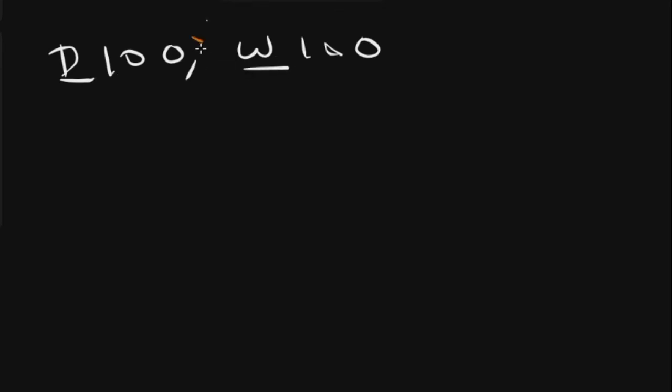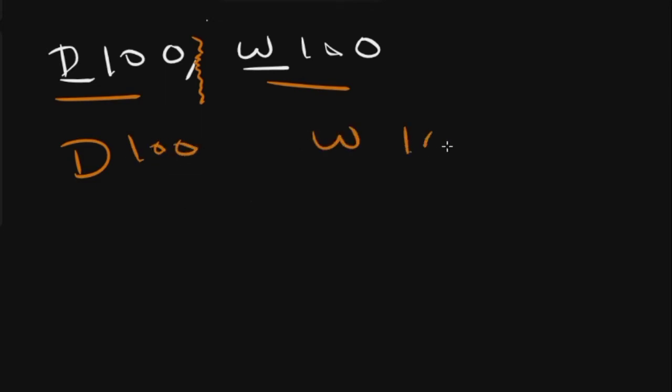Let's assume we have got some input such as D100 and comma W100. So we can do both things, deposit as well as withdraw. First of all, we have to break the input at the comma so that we get two separate parts: D100, and similarly the second part would be W100.